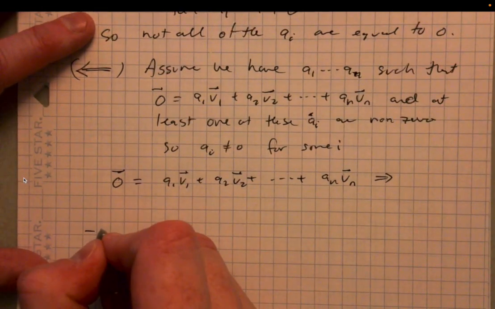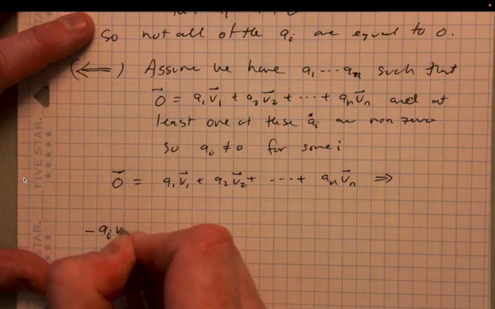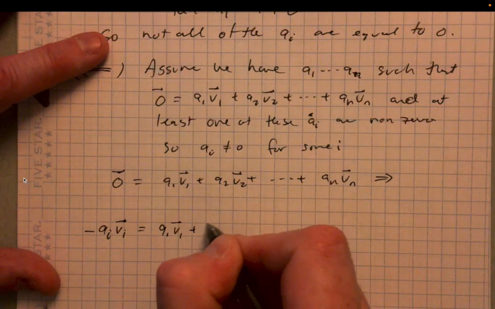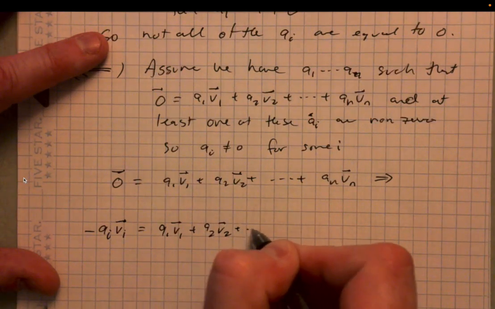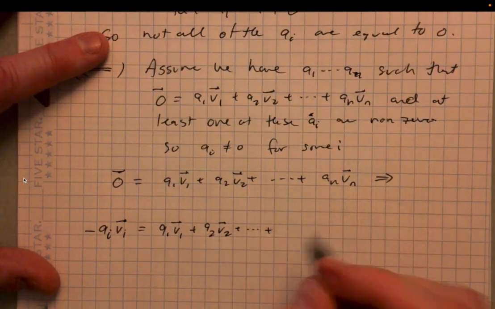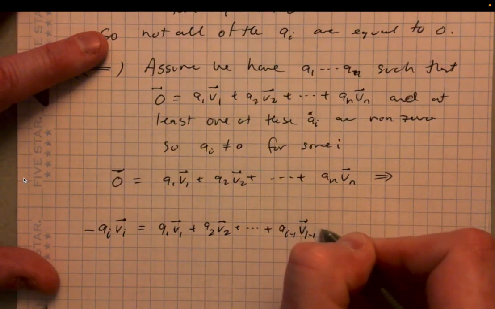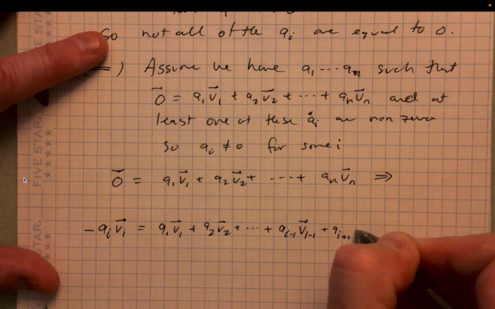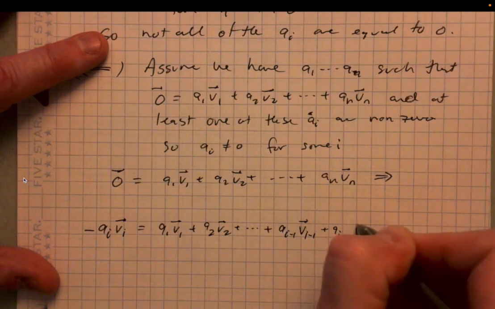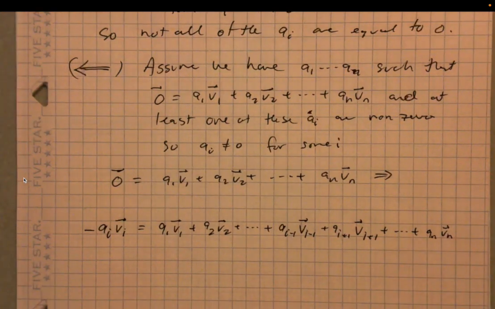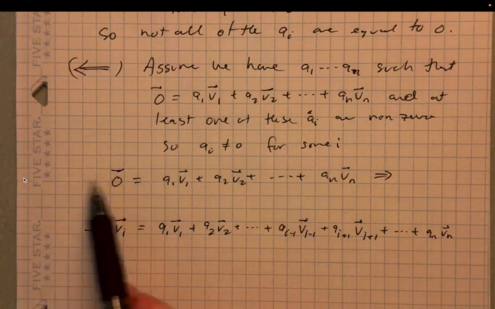So negative ai vi equals a1 v1 plus a2 v2 plus dot dot dot, remembering the gap, ai minus 1 vi minus 1 plus ai plus 1 vi plus 1 plus dot dot dot plus an vn. I just plucked it out and threw it on the other side.